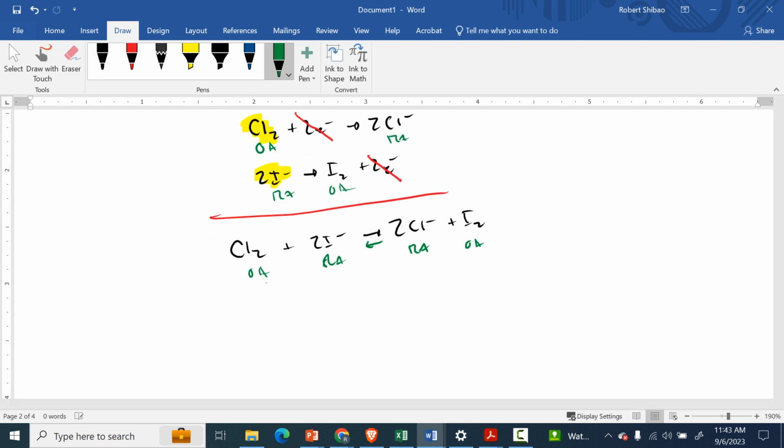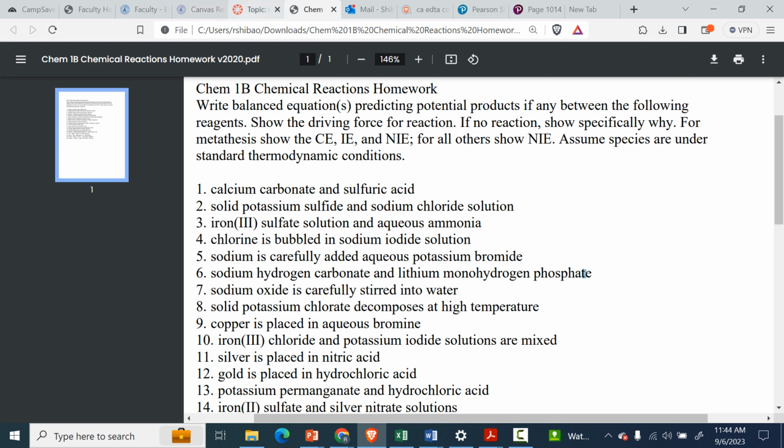Going from chlorine to iodine or iodine to chlorine, which way would be downhill? Chlorine to iodine. That's correct.